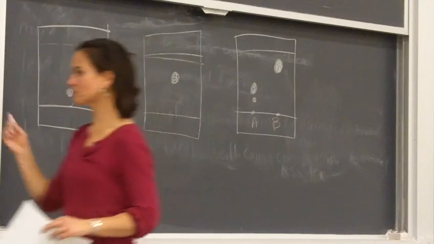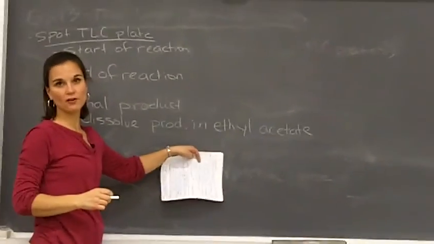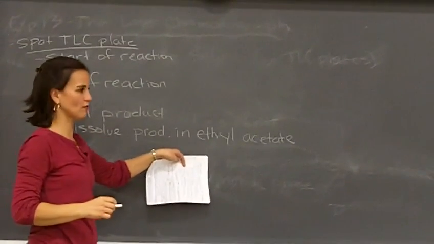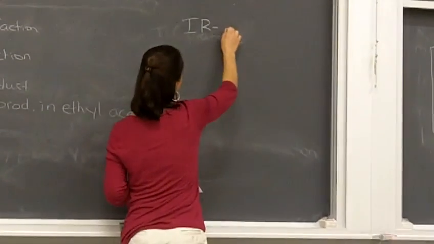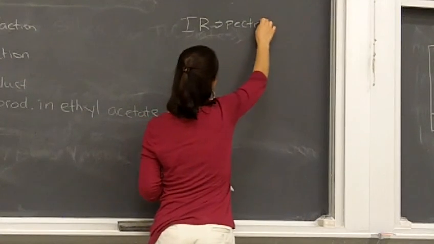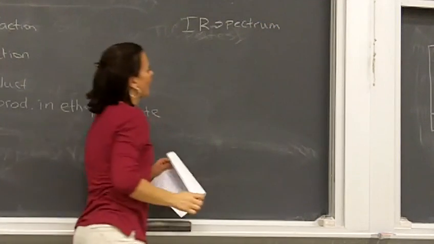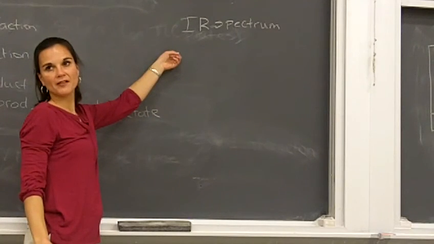So for the experiment 12 product, first of all, you're going to have this TLC analysis, so follow your instructor's directions for what you're going to do. Then you need to collect the IR spectrum of your product. It's a solid, so you're going to collect it just like you did with polystyrene.